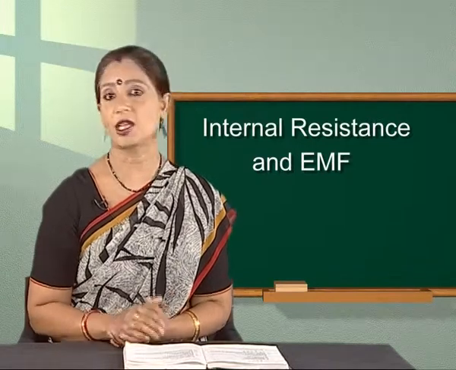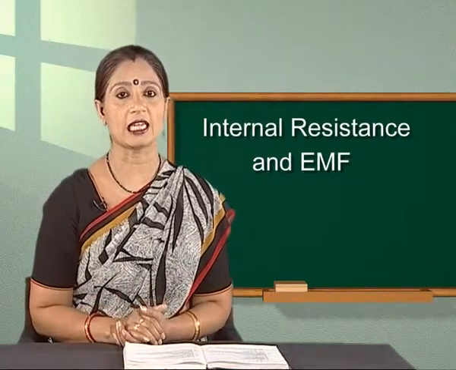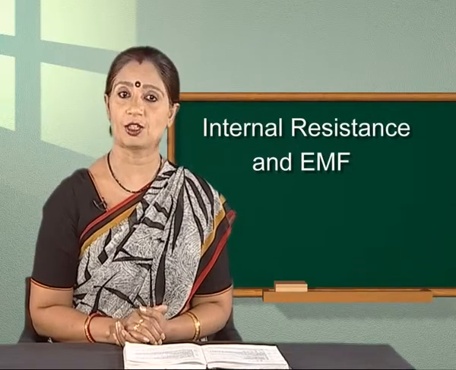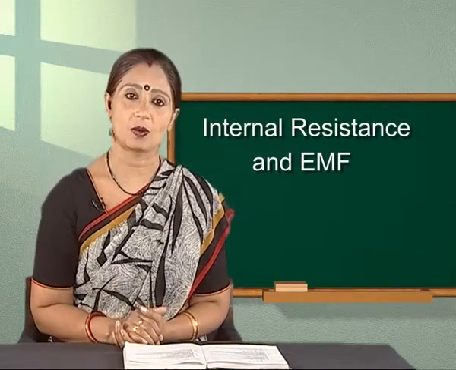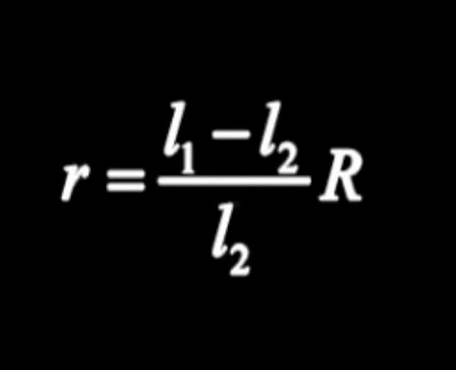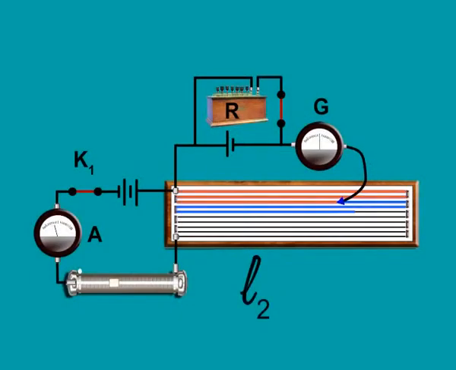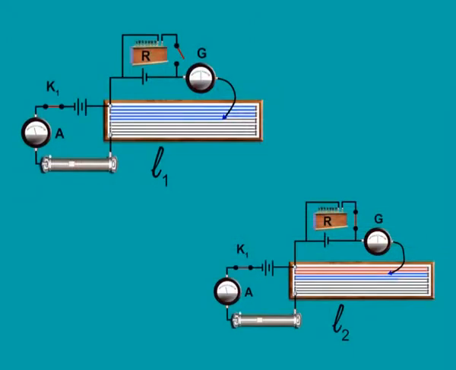Generally, in labs, the internal resistance of a cell is calculated using a potentiometer. Let me show you how. Formula used for this experiment is r equal to (L1 minus L2) whole multiplied by R and divided by L2, where L1 and L2 are the balancing lengths without shunt and with shunt, respectively.